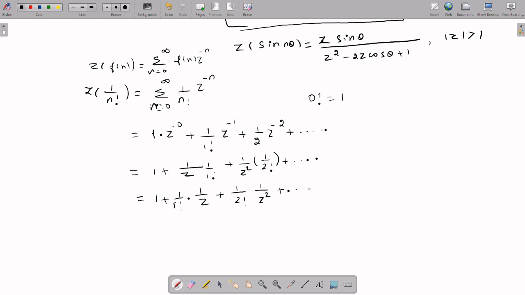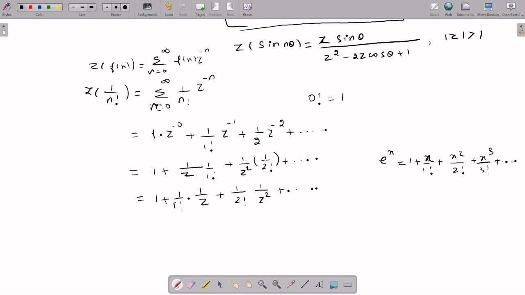What is that expansion? This expansion is, what is the e power x expansion? e power x expansion is 1 plus x by 1 factorial plus x squared by 2 factorial plus x cubed by 3 factorial plus etc. What about x here?